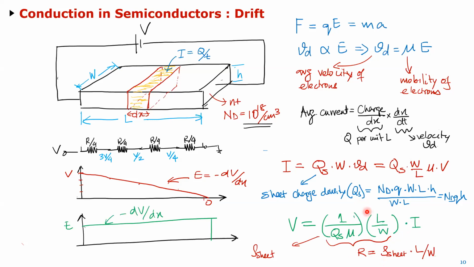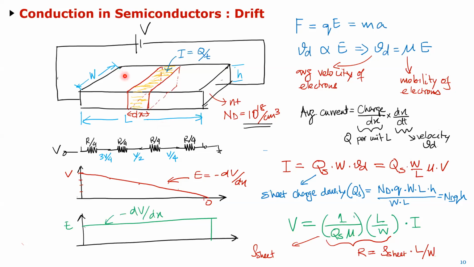And if you look at this relationship, you can see that it looks like a block of material when you're trying to calculate the resistance of a material with some sheet rho, because this is your sheet rho times L over W. Okay, and like I always say, you should always do a sanity check to see if this makes sense. This is your effective resistance of that block, which is inversely proportional to the charge density, right?